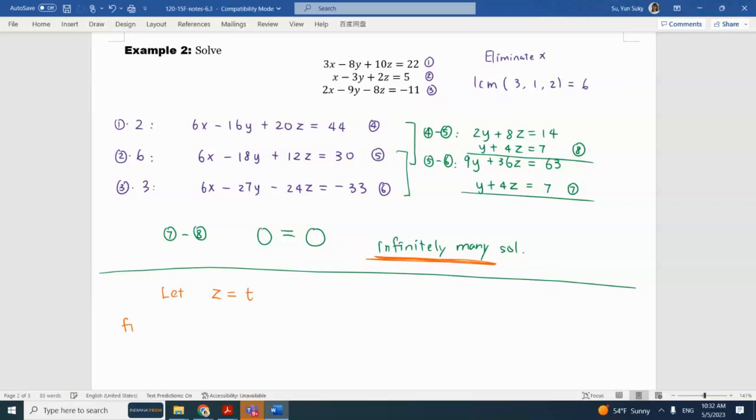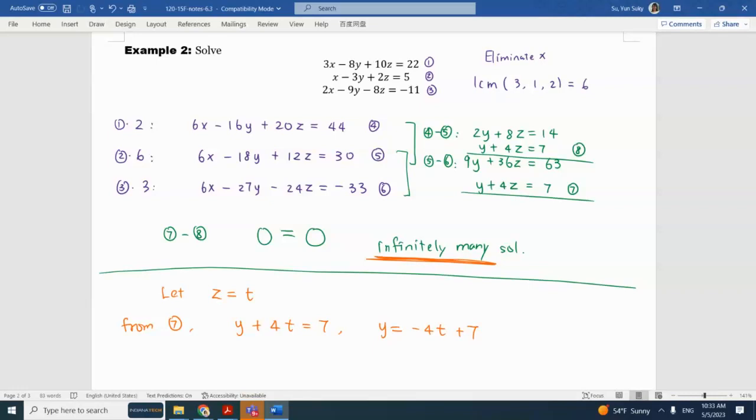And then from equation 7, you get y plus 4z, z is t, equals 7. What is y? Yes. Good. And then you plug into one of the equations to find x.